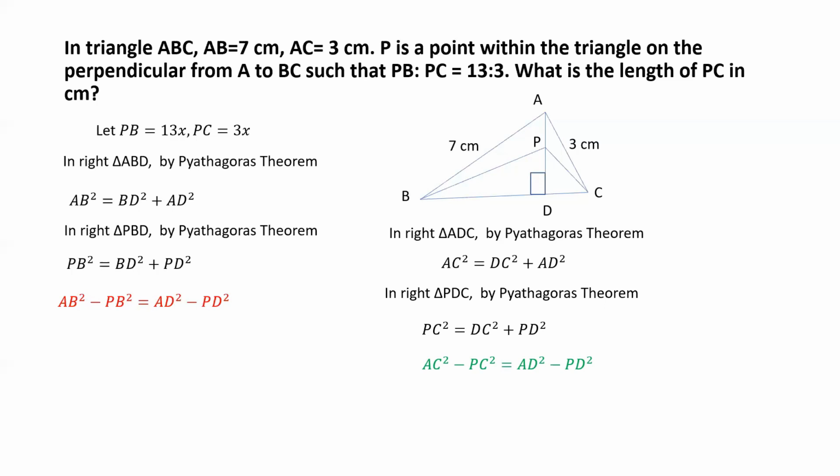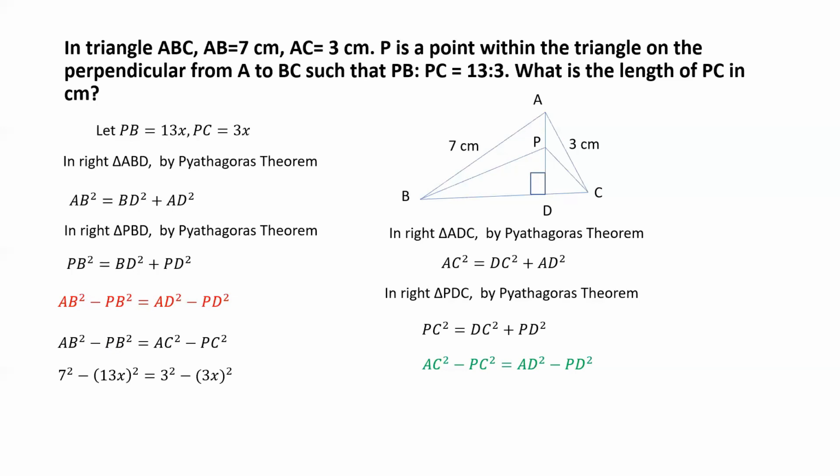Now once we do that, we immediately notice that in these two equations that I obtained, which are in red and green respectively, the right hand side of either equation is the same. It's AD square minus PD square. So we can basically write from these two equations that AB square minus PB square is equal to AC square minus PC square. And now we can substitute what we know.